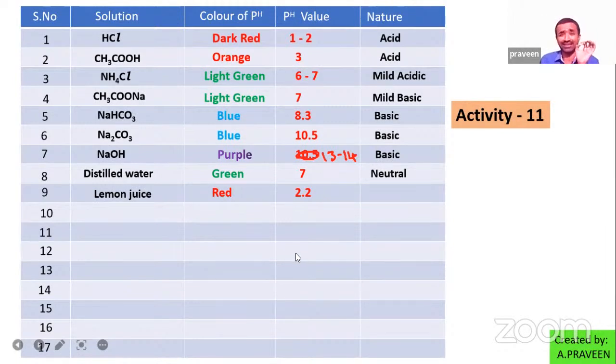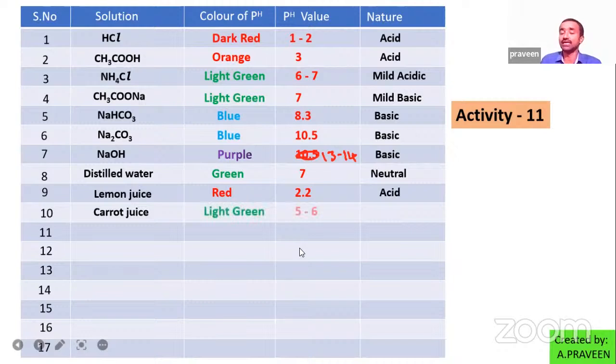Some are very sour, so its acidic nature may increase. Sometimes you may observe that the value is 4 also. So don't fix to these values. I am giving only one sample. I am giving the range, it lies between 2.2 to 4 sometimes. So acidic in nature.